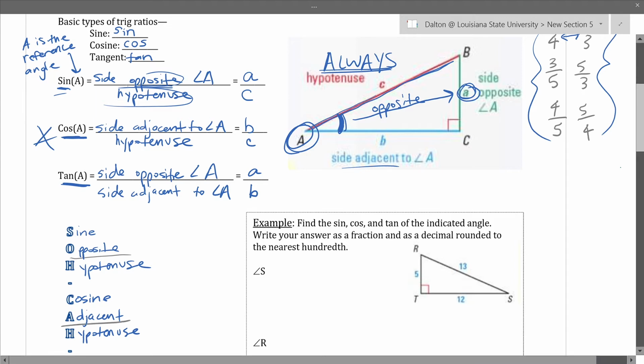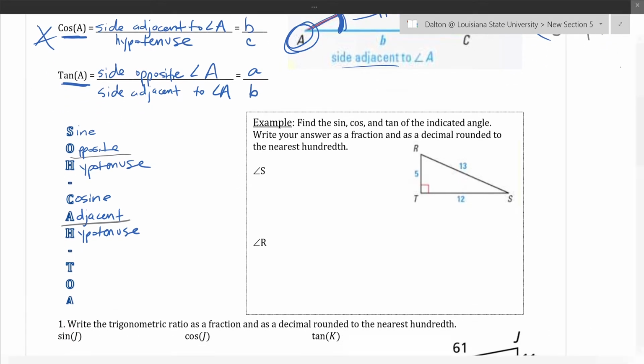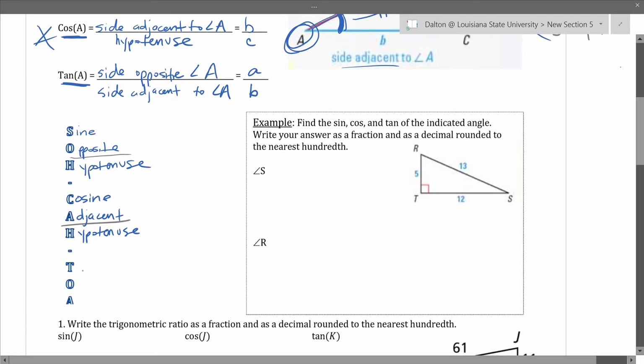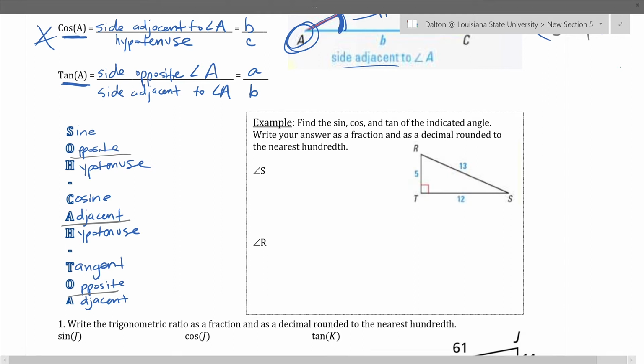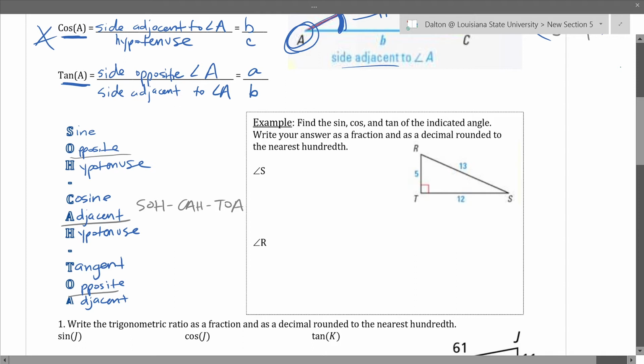And then lastly, the tangent, we use TOA, and that tangent is equal to opposite over adjacent. So if you can remember SOHCAHTOA, then you'll be fine in this chapter. SOHCAHTOA. I write that on the top of every paper that I do when I'm dealing with trig.